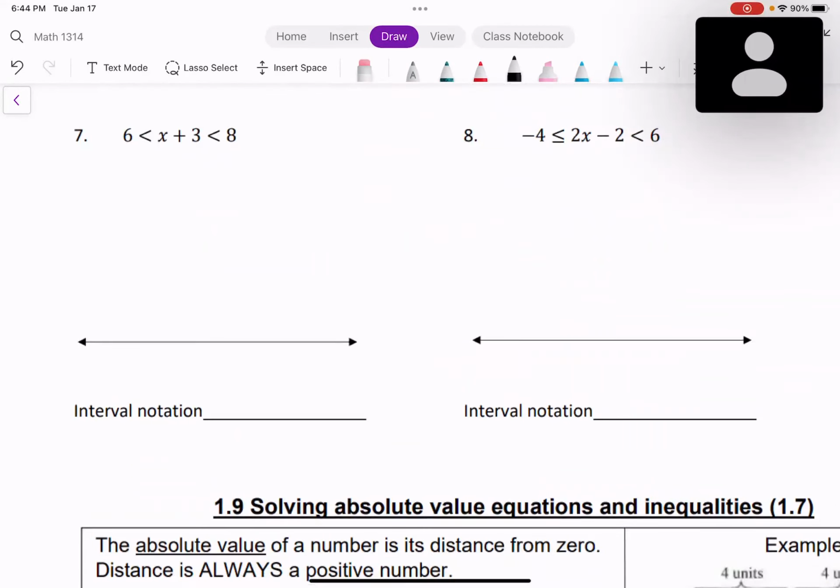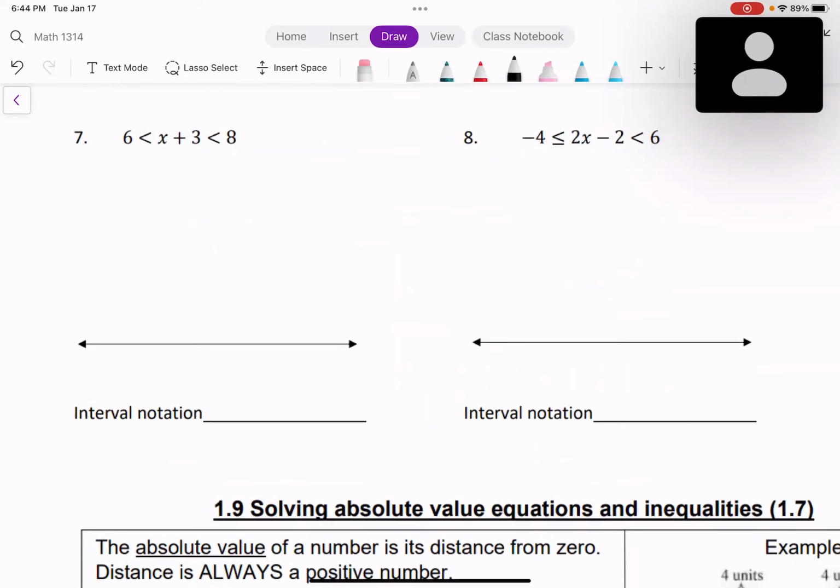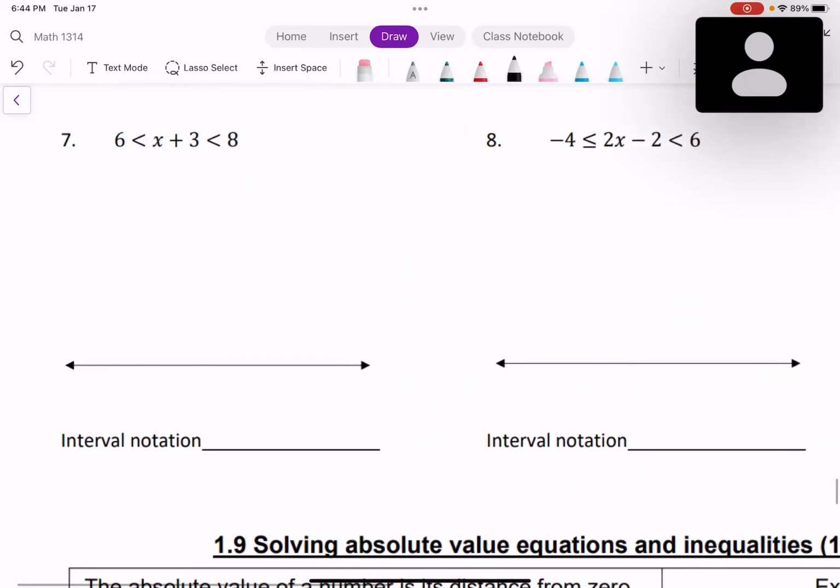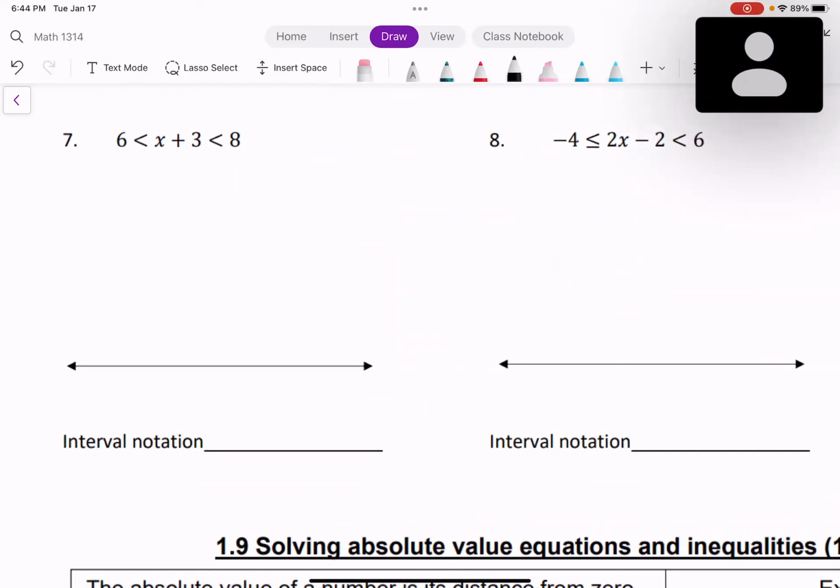We have 2 examples left. And let's see, these 2 examples, they have 3 sides or 3 parts. X plus 3 is greater than 6 and less than 8. When we are solving these inequalities, we can just isolate x by subtracting 3, -3 here, -3 here, -3 here.